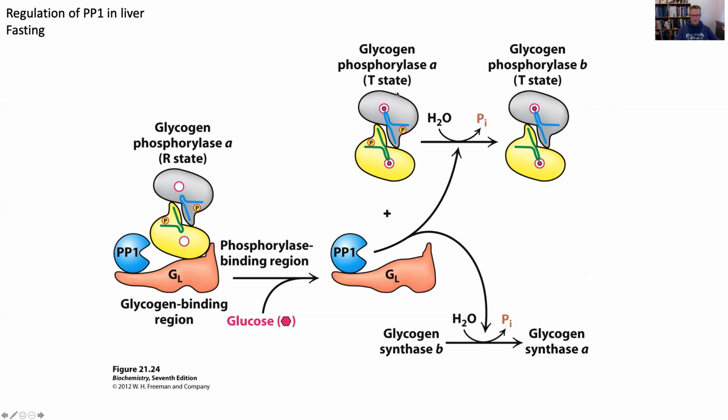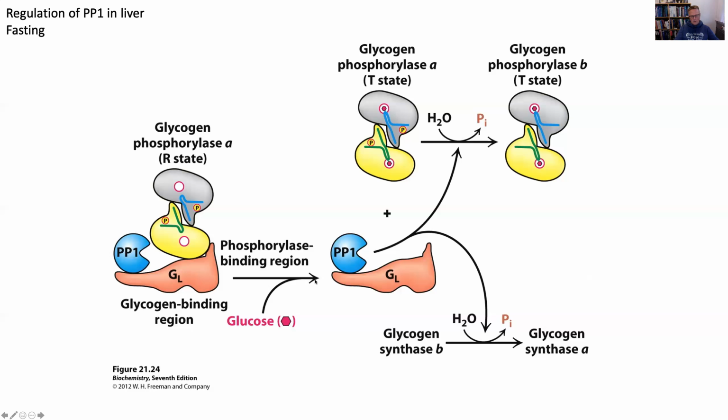This structural change in the enzyme will lead to a dissociation of phosphorylase and the regulatory subunit of PP1. Now phosphorylase cannot inhibit PP1 anymore, and now PP1 will be active and be able to dephosphorylate phosphorylase, so it becomes less active, and it will also dephosphorylate glycogen synthase, where glycogen synthase will become activated.